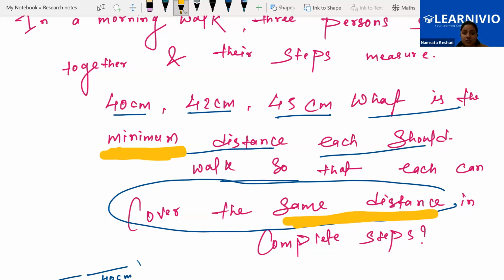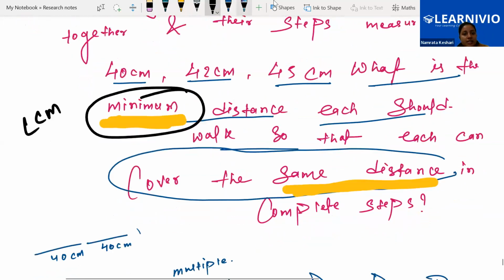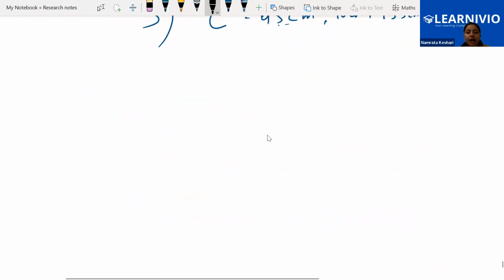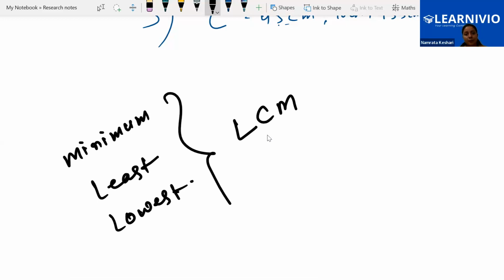How will we understand? Is this much explanation needed? No. This much explanation is not needed. Only this keyword is enough. Minimum means LCM. If we have the word minimum, the word least, or the word lowest in our question, definitely we have to find LCM.